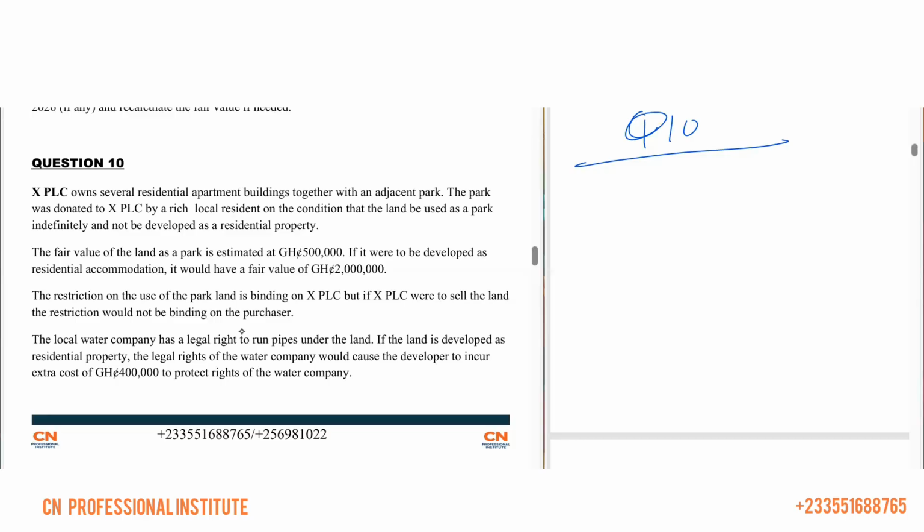They said that we can have the land as a park, and if it's used as a park, it will be 500,000. If we develop the land for residential accommodation, it will be worth 2 million. So we have two main uses here, and we have to determine which.